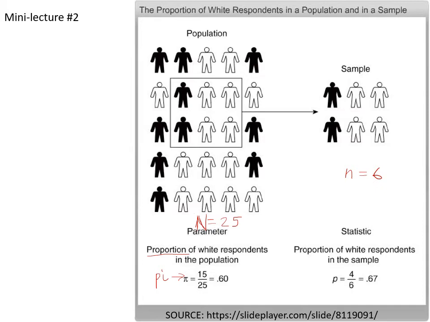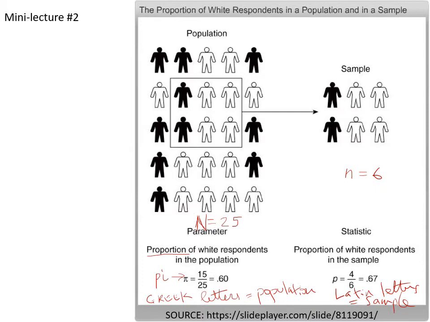This follows a common convention in statistics: Greek letters refer to a population, so population parameters, whereas Latin letters, the letters used in English, refer to a sample, in lowercase. So here's kind of an exception.